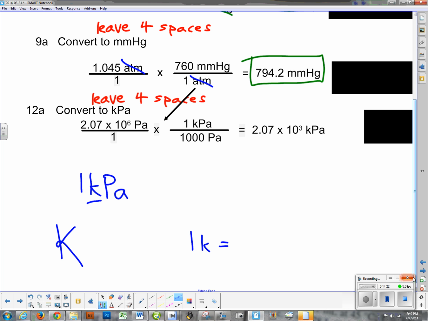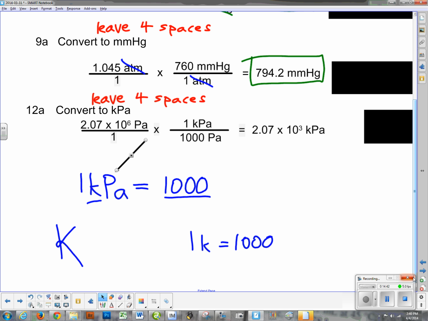Yes. So the 1,000 is what we need to substitute in the equality. So I'm going to say 1,000 instead of a kilo. So the kilo that is in this guy becomes 1,000 on the other side, and then I go ahead and put in the pascals.